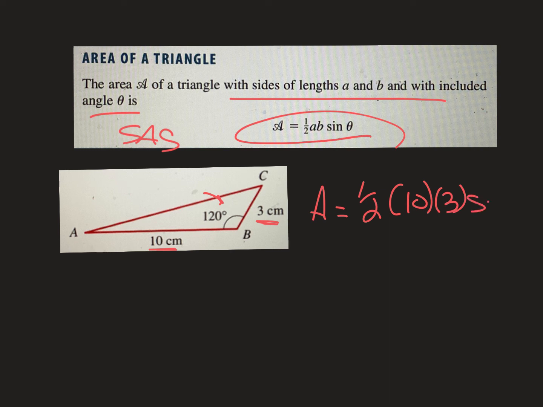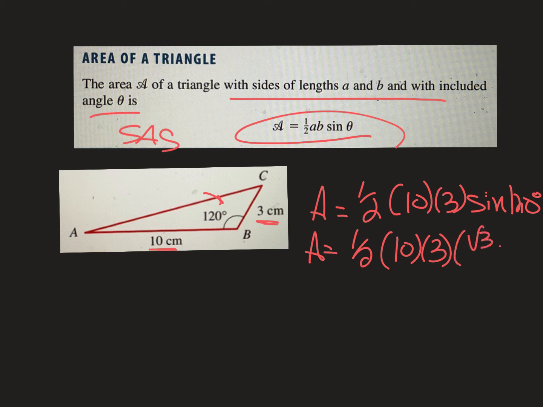times sine of 120. Now, 120 is one that we should know because the reference angle is 60, and it's in quadrant 2. So if you work that out for sine 60, you get square root of 3 over 2.